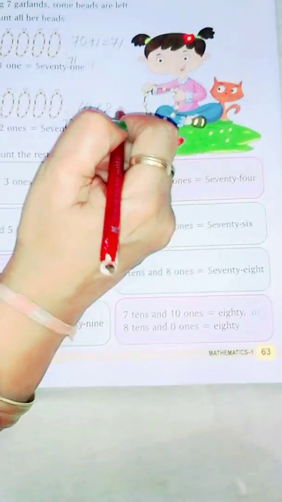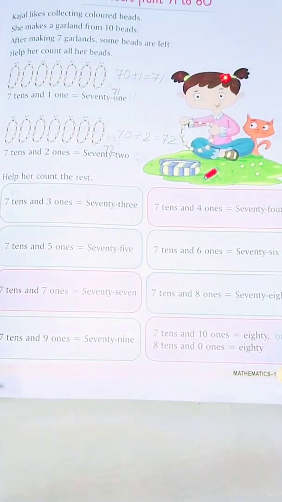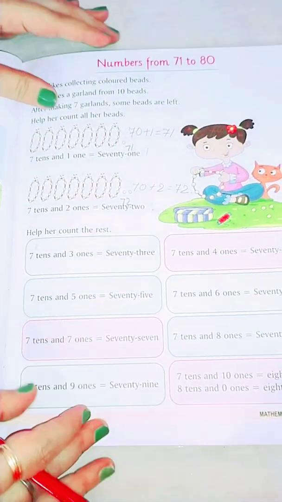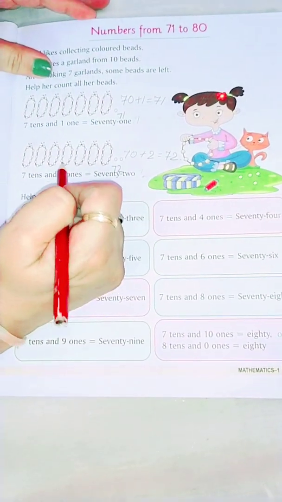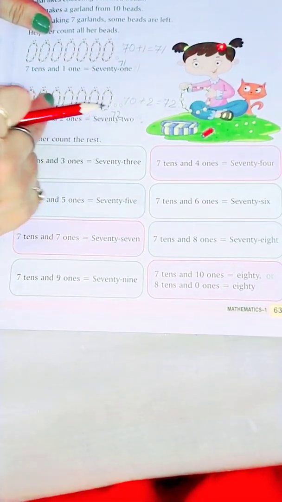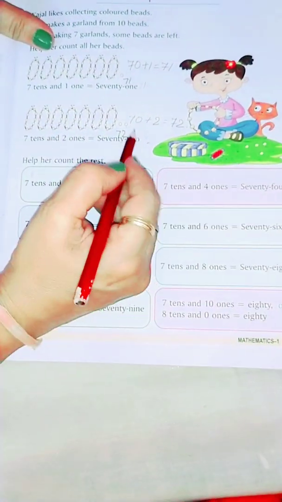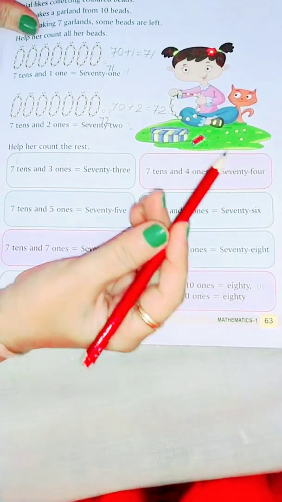So it is 72. So they are trying to tell you in 60s, in 50s, in 70s that it is the same procedure. These are tens and this is ones. So you have to count in tens and the last digit you have to count as ones. Turn the page.